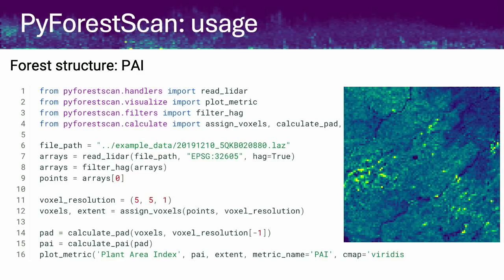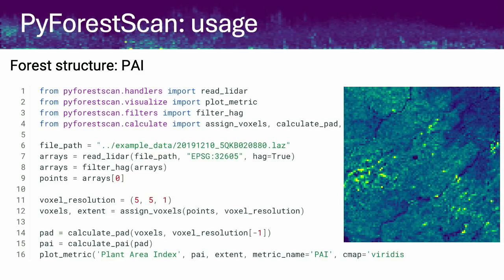It's just that this is a screenshot from some documentation. Get the points from that point cloud. Define the grid size that you want to analyze the data in, so your voxel resolution in XYZ. Assign the points to those voxels, so you know which points are in which bin, and then you can calculate the metrics and visualize them.